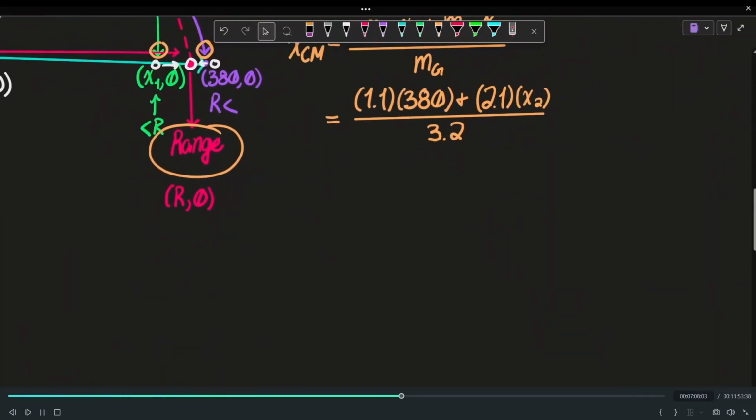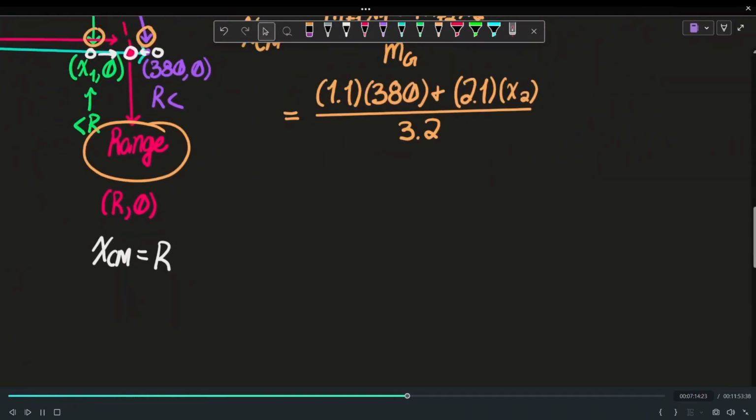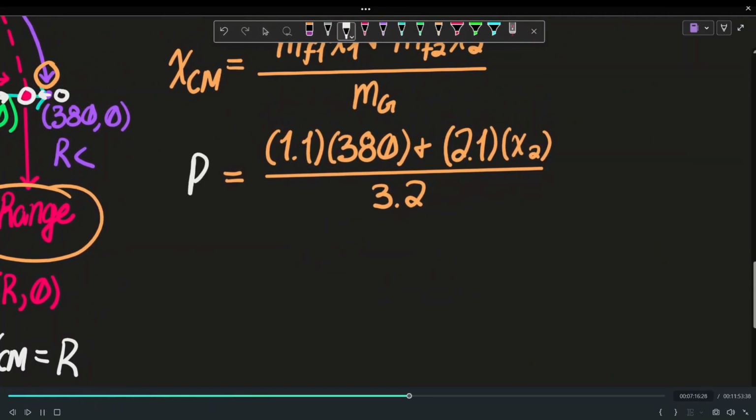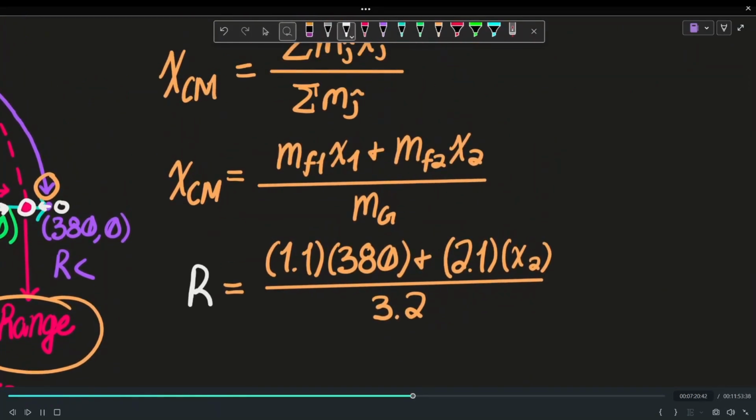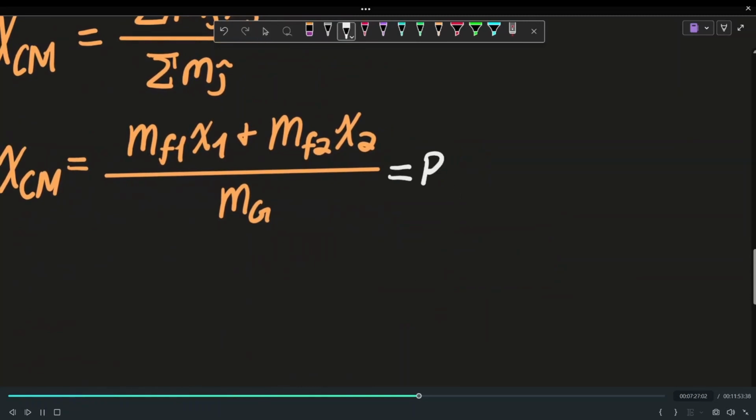That means that our x center of mass, the position of the center of mass, is the same as the range. So here we can say that it is equal to R, but I will keep it in variables for now.